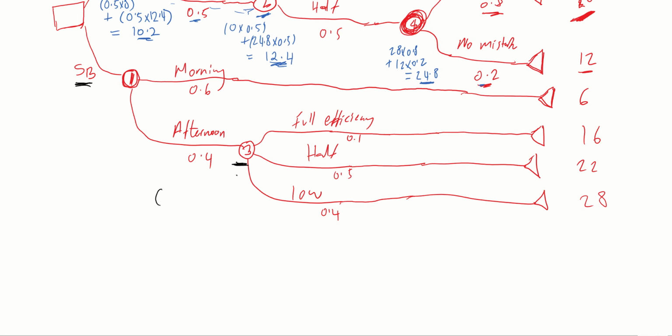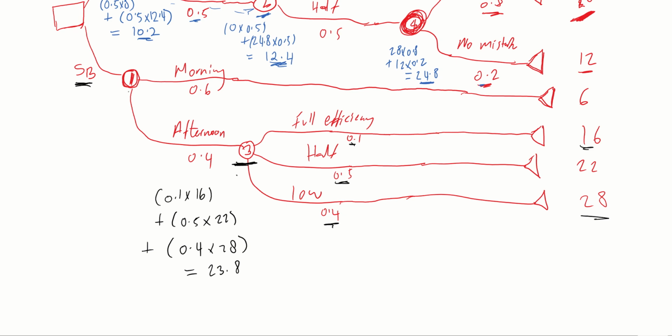The first branch is 0.1 multiplied by 16, plus 0.5 multiplied by 22, plus 0.4, the third branch, multiplied by 28. The answer that you should get is 23.8. So the expected value at node number 3 is 23.8.